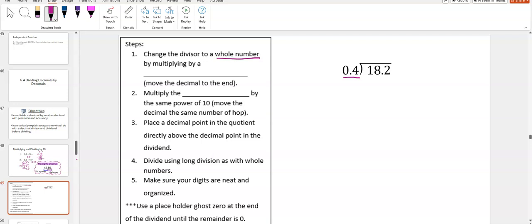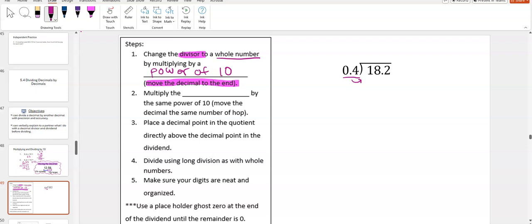In order to get this number that has a decimal to be whole, I want to move my decimal to the right, so I'm going to multiply by a power of 10. What I'm really doing is moving the decimal to the end of my divisor. In this case, I'm going to move it one place to the right.